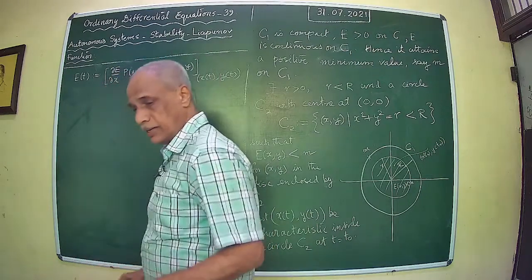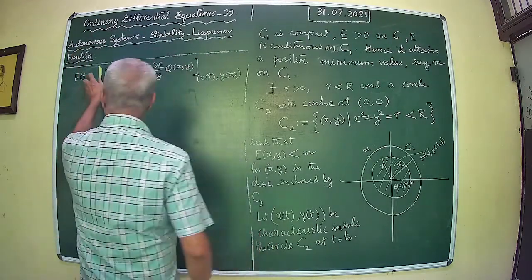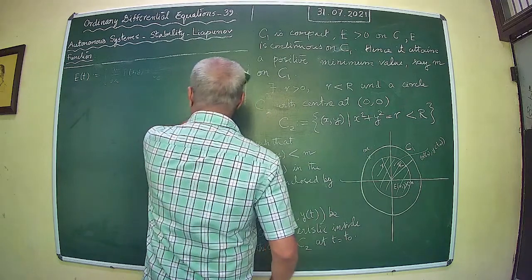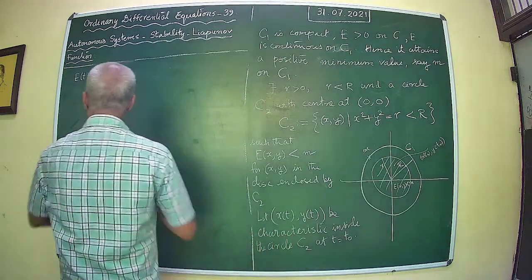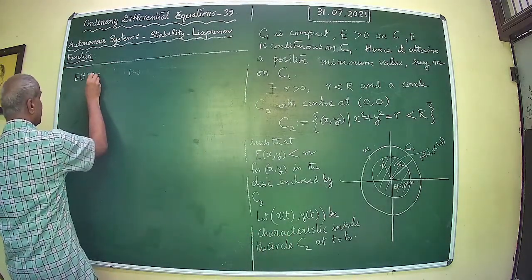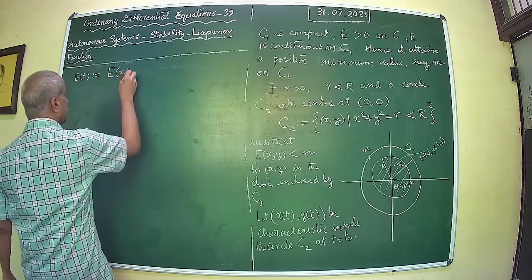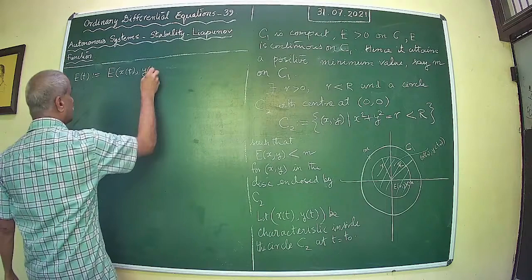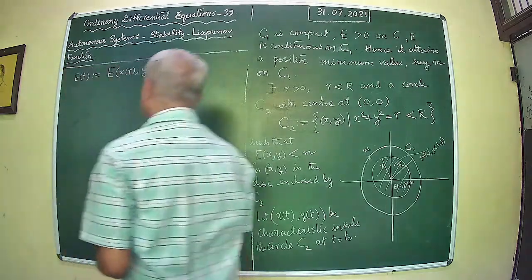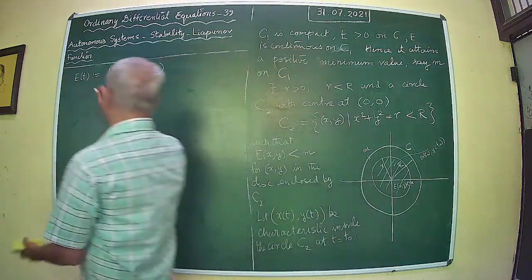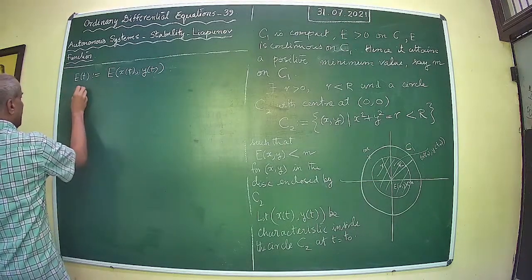Sorry, I'm sorry about that. So E(x,y), E(t) you define as... Then what you have is this. See, dE by dt.